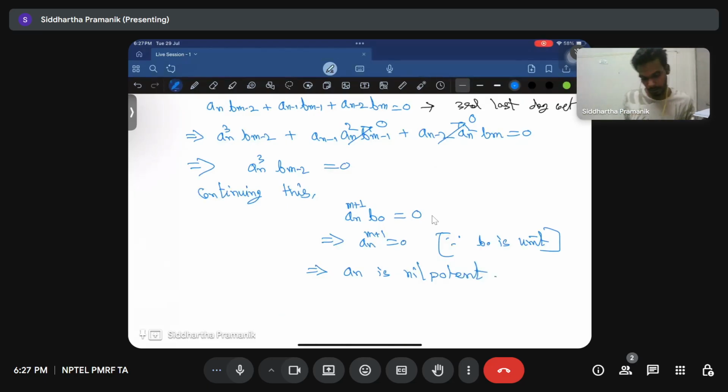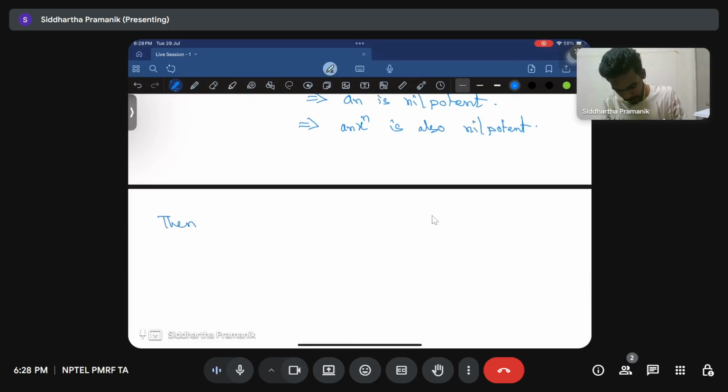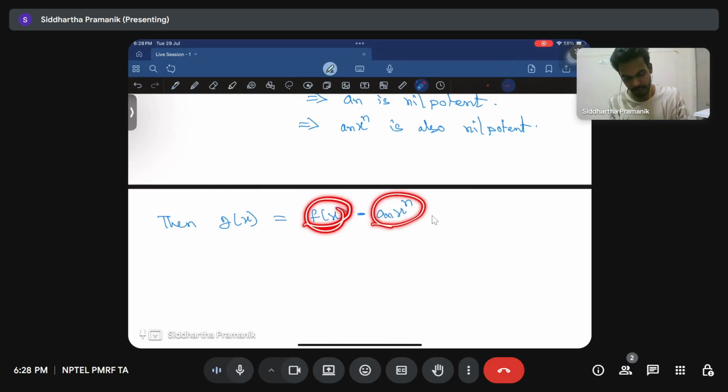So we have found that the leading coefficient is nilpotent, right? So that will imply an x power n is also nilpotent. So then now let's see this polynomial gx equals fx minus an x power n. Now fx is a unit and this element is nilpotent.